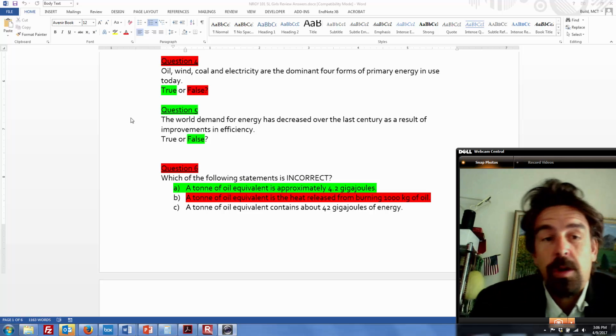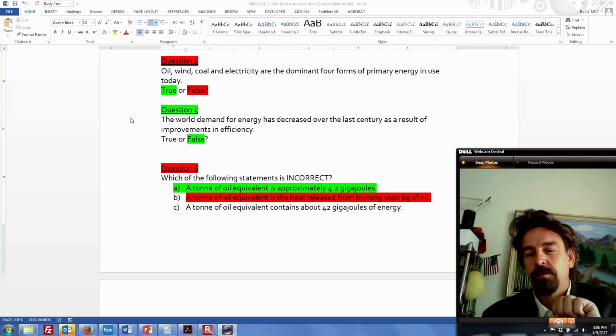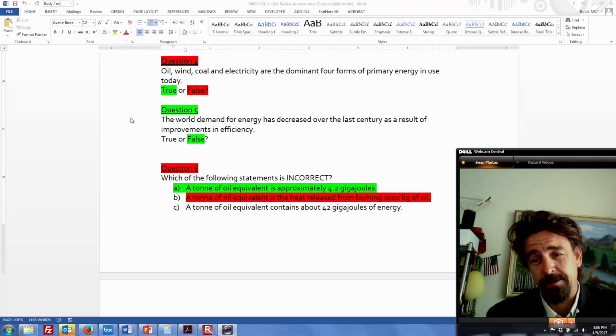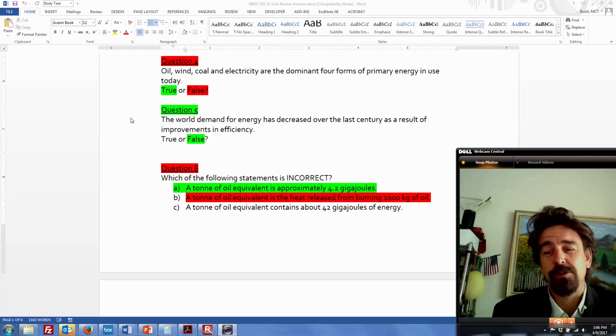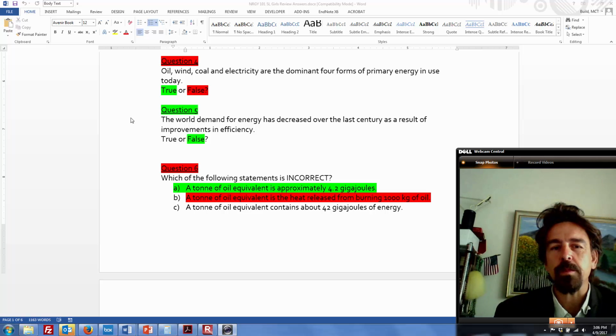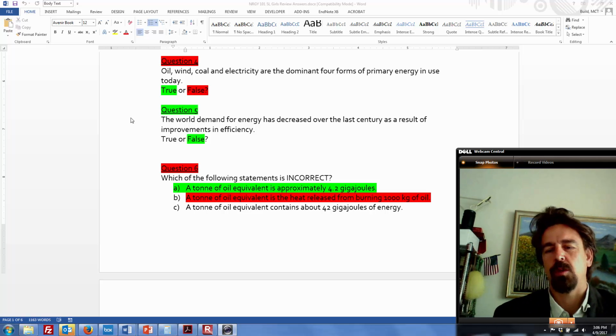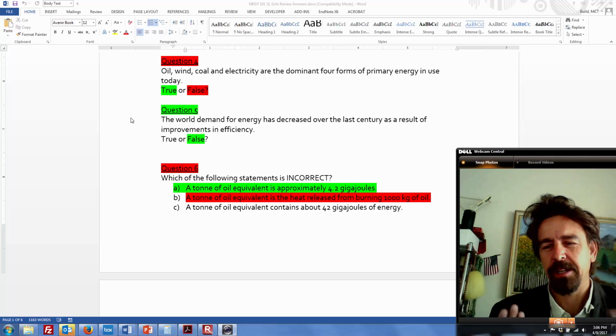Okay, so question number 4, you also got wrong. I'm a little disappointed. This one you should have gotten right. So the question says oil, wind, coal, and electricity are the 4 dominant forms. Well, it's a little bit of a tricky question, so you almost got it right. It's okay.